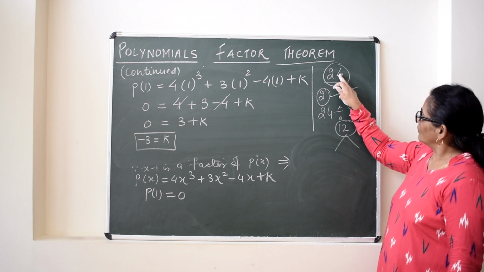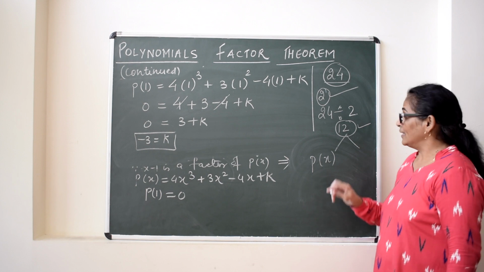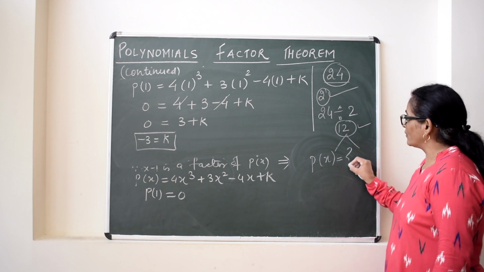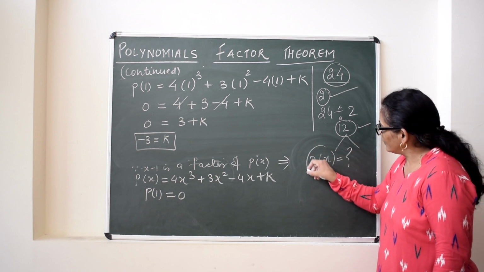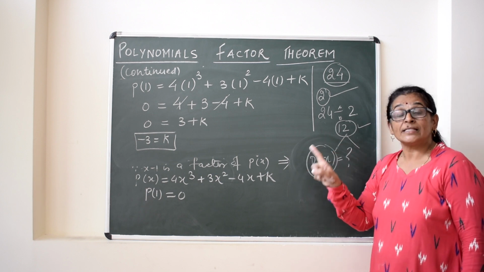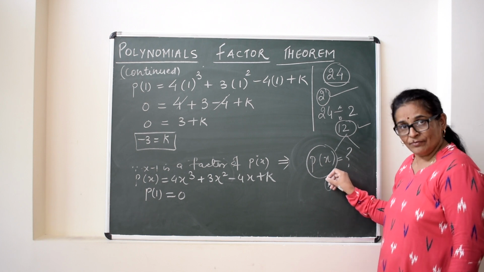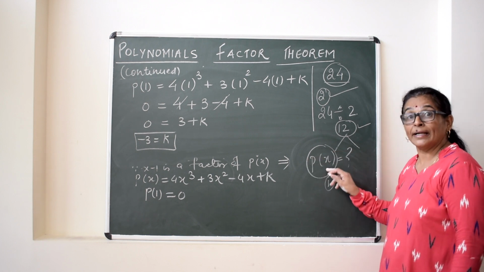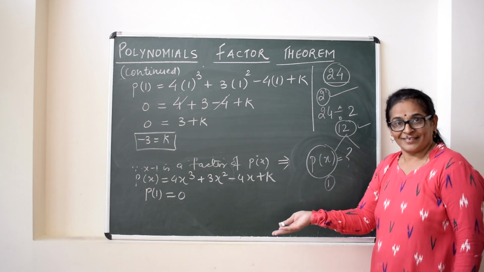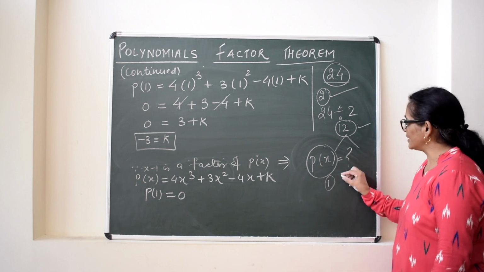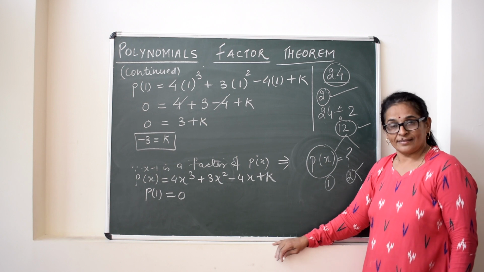So similarly, one polynomial will be given to us, and it will be asked to factorize it. Then, with the help of this given polynomial and its constant term, we will find one of its factors, and we will divide this given polynomial by that factor, which will give us the second factor. When we get that second factor, we will further factorize it.